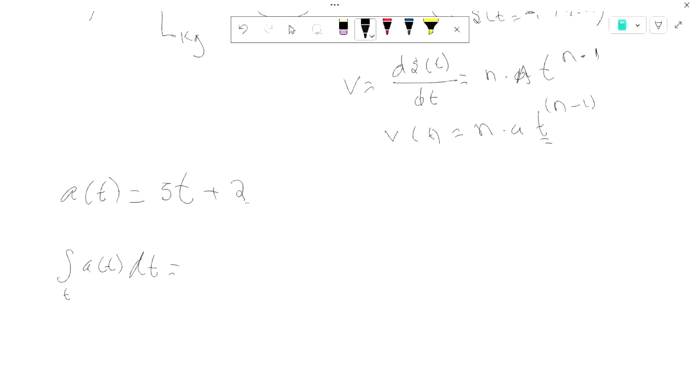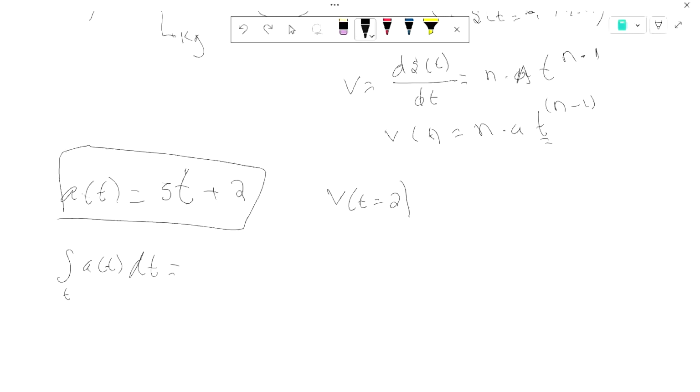So this is the acceleration function, and the question is what is the velocity at t equals 2 seconds. By the way, make sure that this function is given in seconds or milliseconds, because if this function is given in seconds and they're asking you for 2 milliseconds, then you have to divide by 1,000. But t equals 2 seconds.